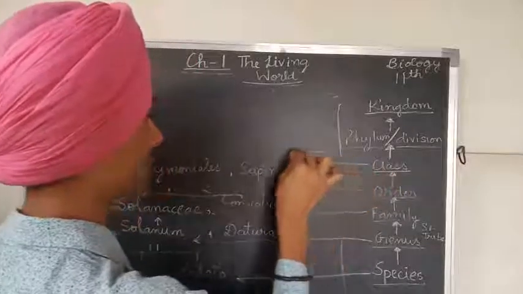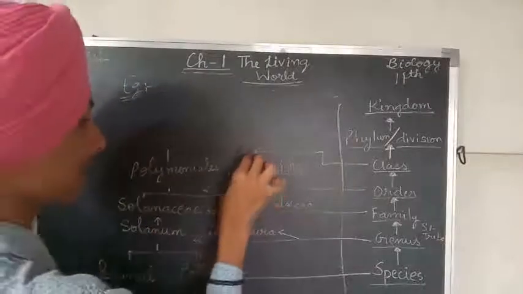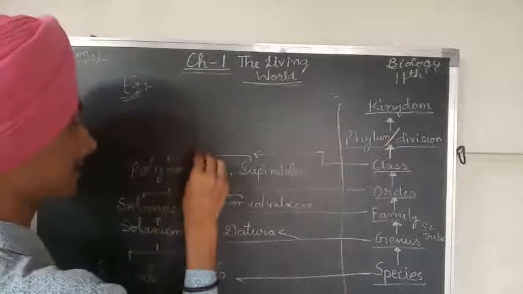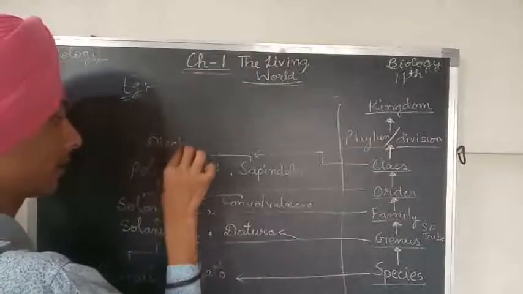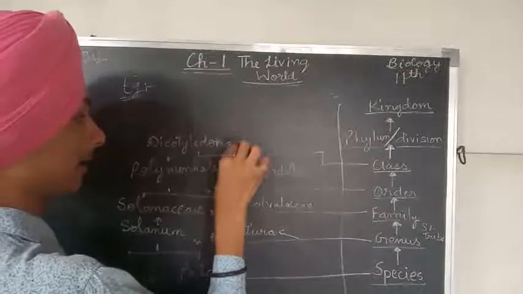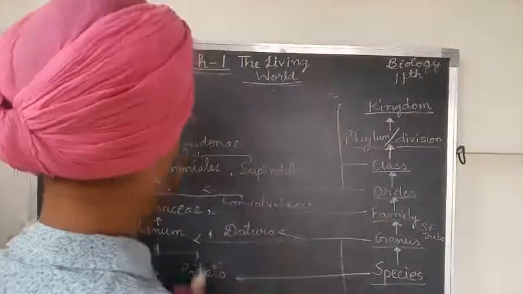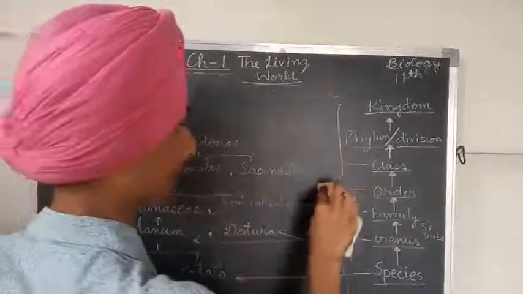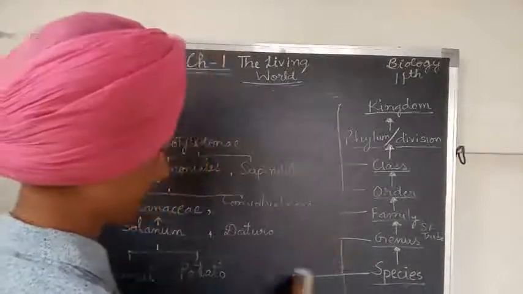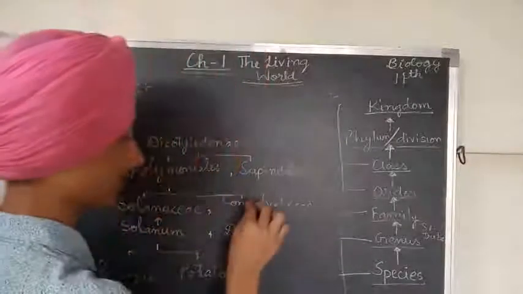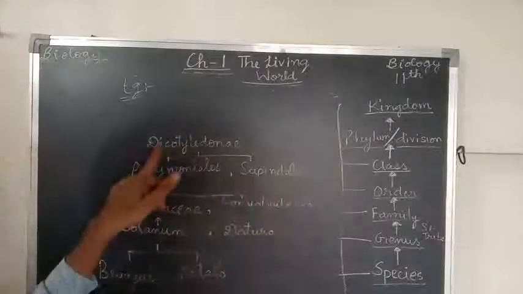Take an example of class. Polymoniales and Sapindales come under the class Dicotyledonae.